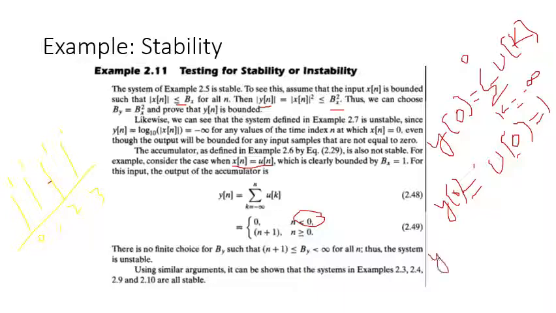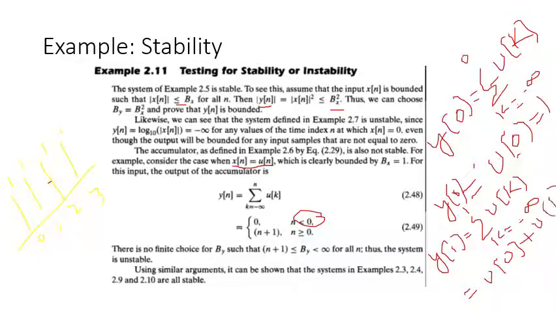Now what if I go to y of 1? y of 1 is the summation of u of k from minus infinity to 1. So this becomes u of 0 plus u of 1, which is equal to 2. So when we calculate at 0, we get the output 1, and when we calculate at 1, we get the output 2. It means n plus 1. When n is equal to 0, the output is 1. When n is equal to 1, the output is 2.